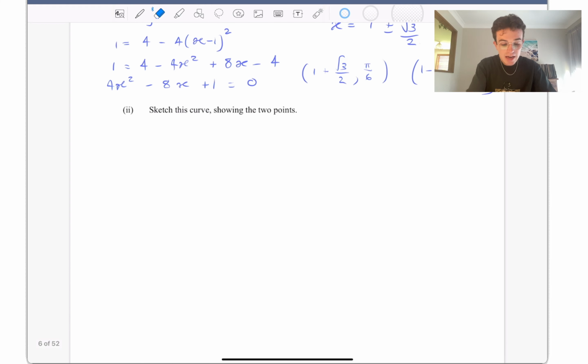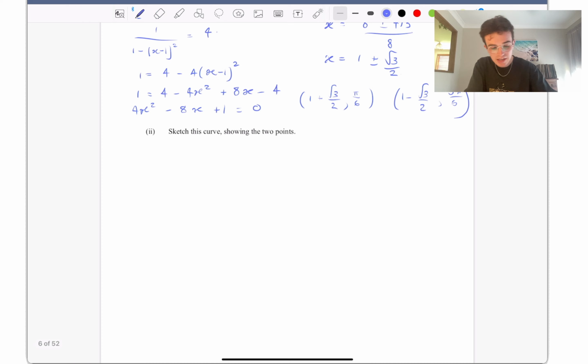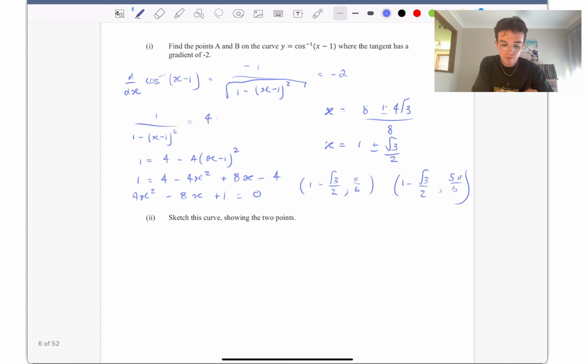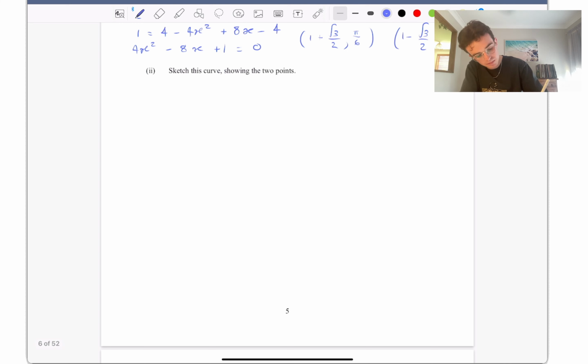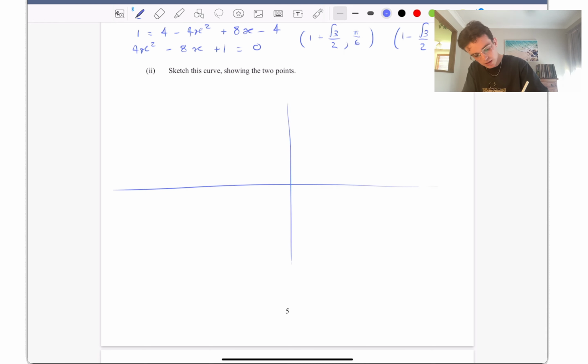Okay, now we're going to sketch this curve showing the 2 points. So we're trying to sketch cos inverse of x minus 1, and we're going to add those 2 tangents in. Cos inverse of x minus 1 is just our normal cos inverse graph, but moved over by 1. So normally our cos inverse graph goes from 1 to minus 1.